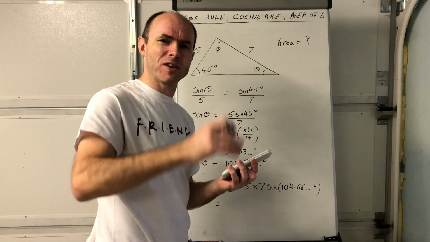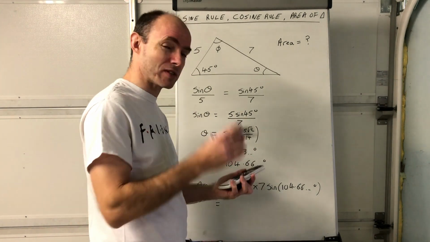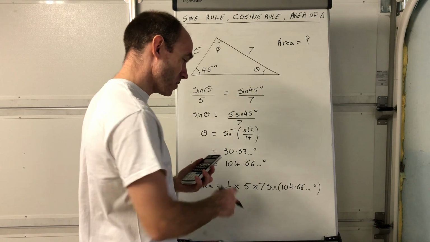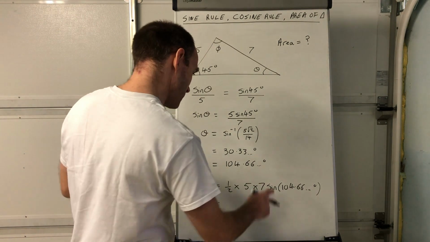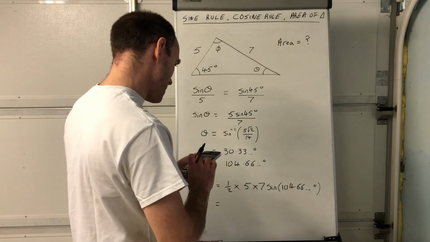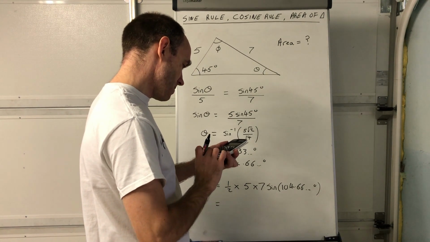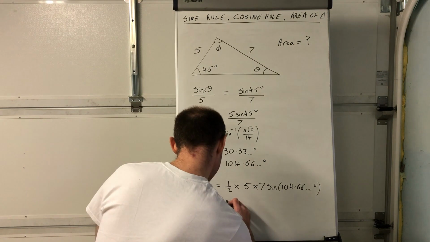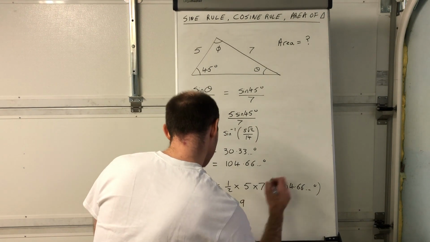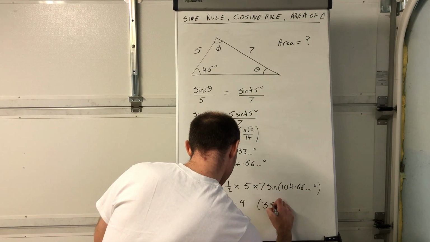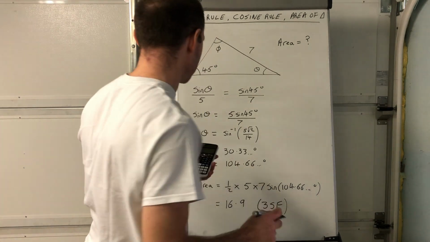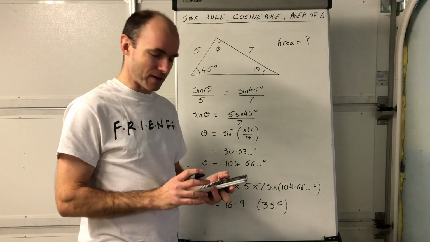If you want to rewind the video and check it, but I've not reset my calculator at any stage because I want to use the same calculation again. So I've just done the sine of that, and I'm going to times it by 5 times 7 divided by 2, it gives me an answer of 16.9 to 3 significant figures. That's going to be square units. So that's that one.